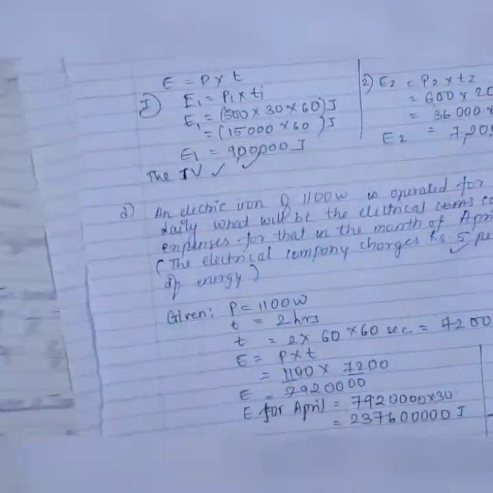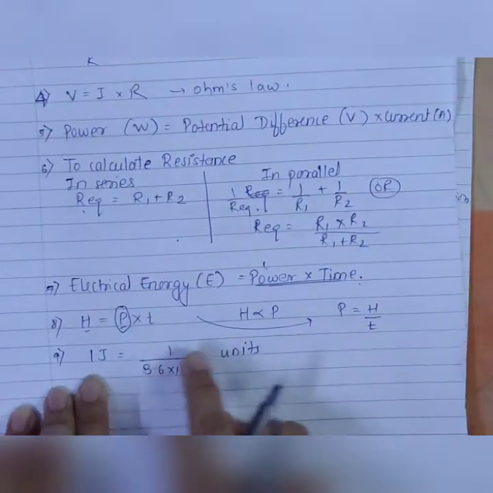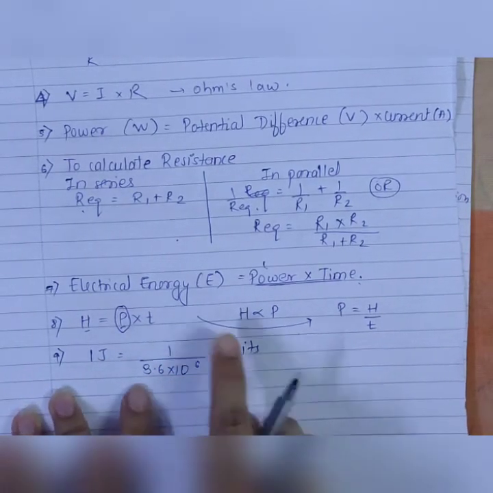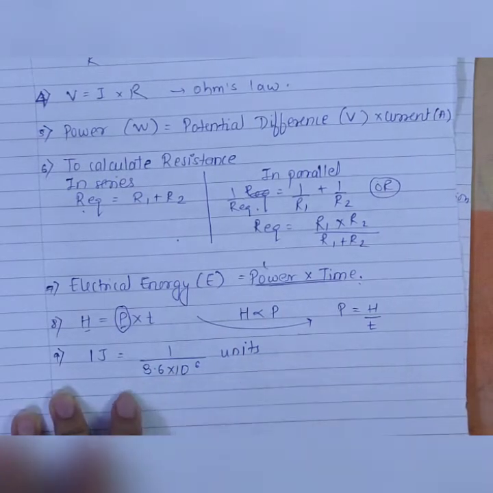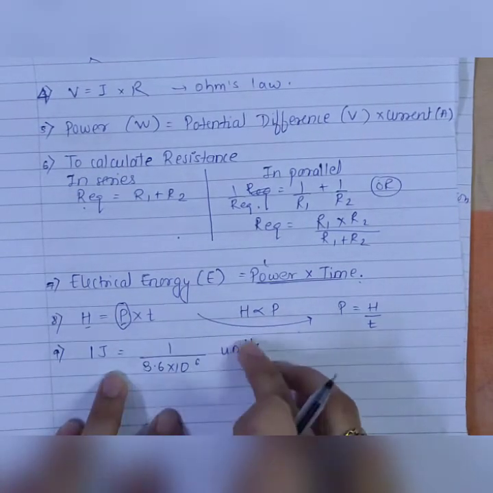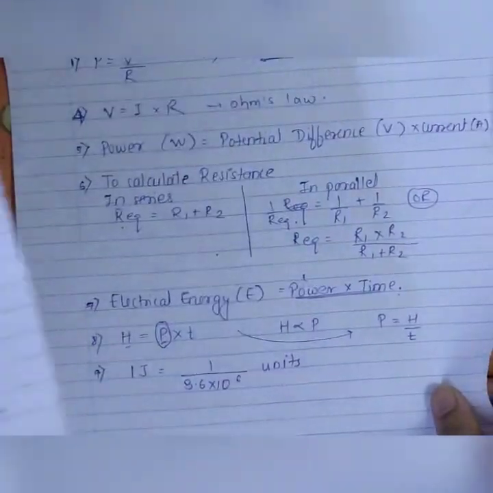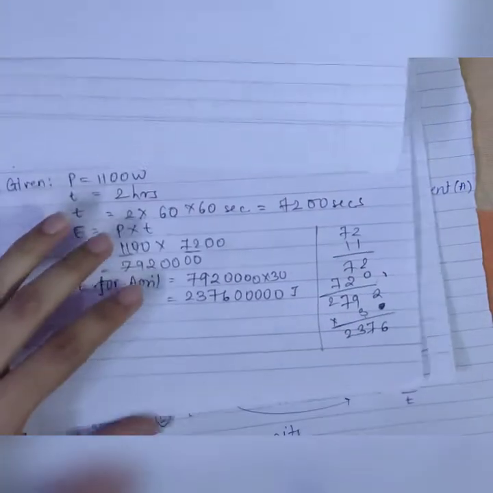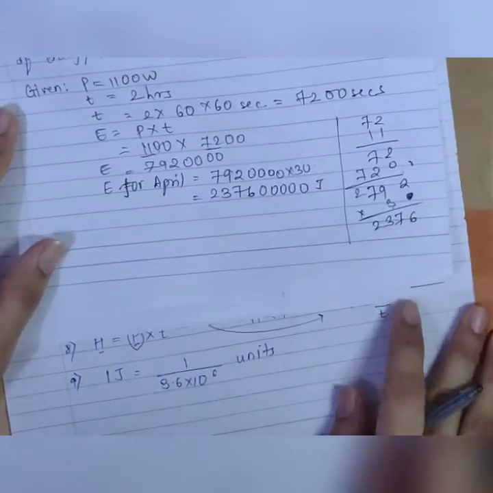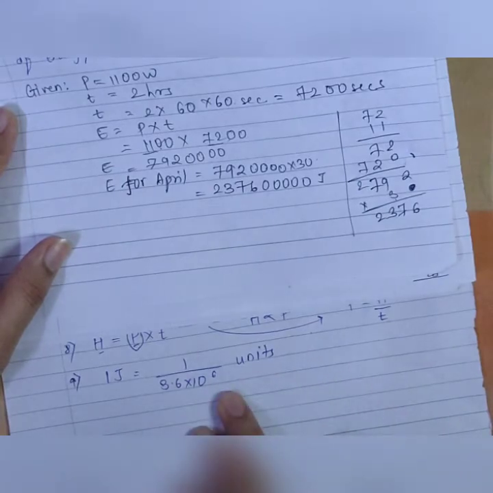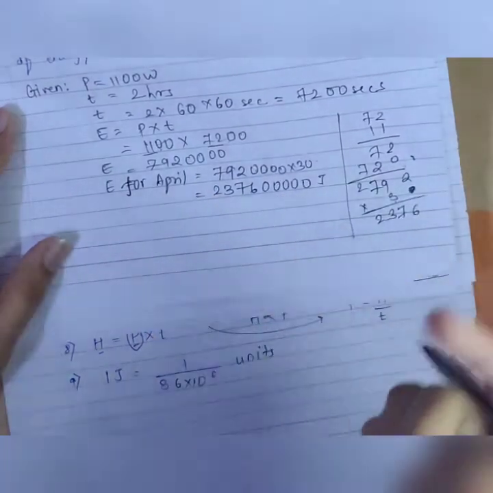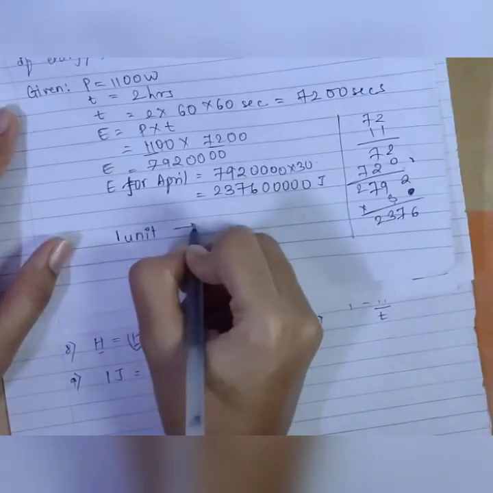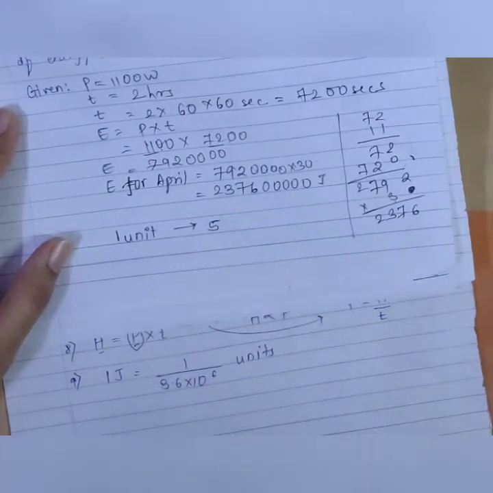Now here in the formulas list, I had given you the conversion: 1 joule is equal to 1 by 3.6 into 10 raised to 6 units. This is your conversion formula, and you need to convert this joules into units. So understand the analogy. 1 unit is for 5 rupees.